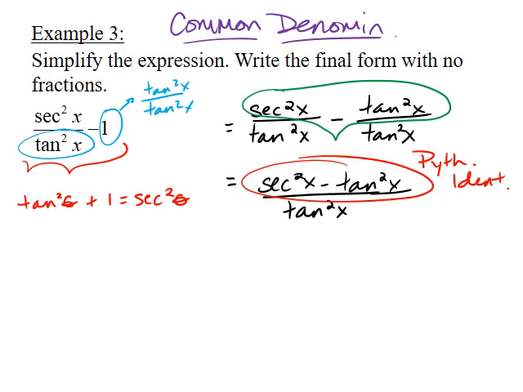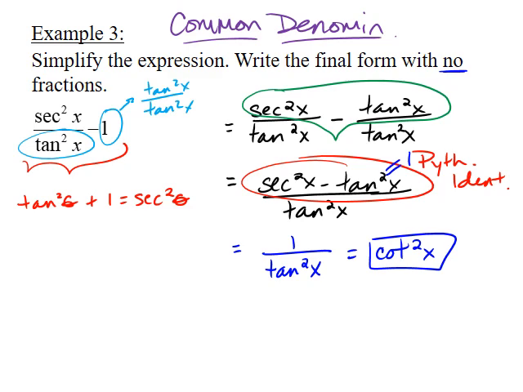So in our case, our version is subtracting tangent squared from each side. So this results in 1. So this is 1 over tangent squared.